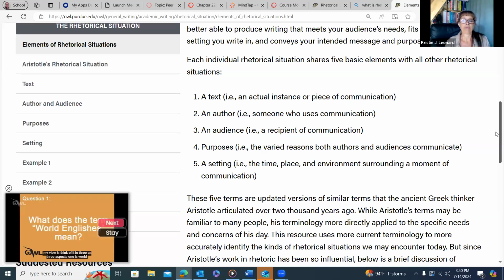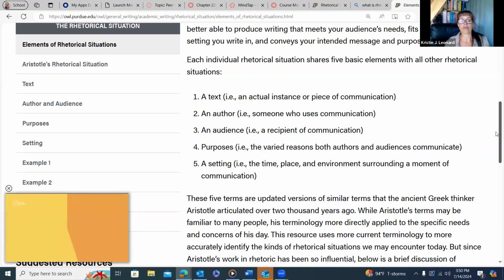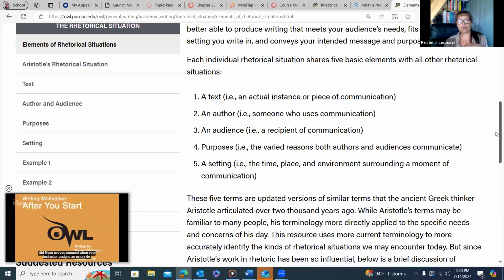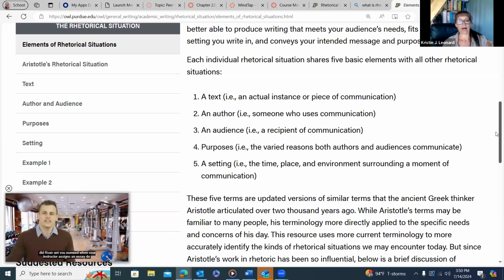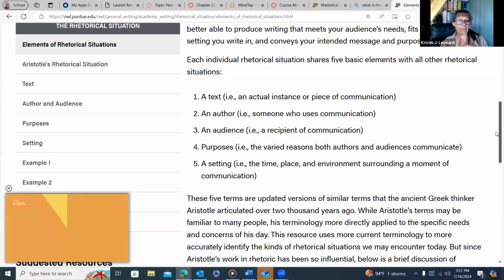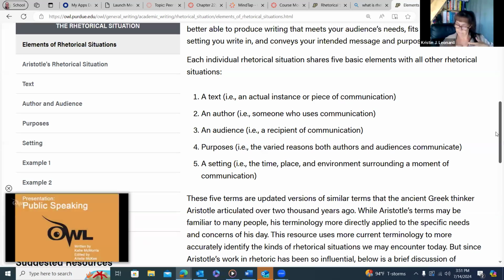Setting: time, place, environment surrounding a moment of communication. Right now, the setting would be a video. It's a recorded video. You click on it, and that's the setting and the time. I'm not coming in front of you and doing a speech about this. Now, if we're in a classroom together and I am your teacher, I will talk to you right here, and that is the setting.